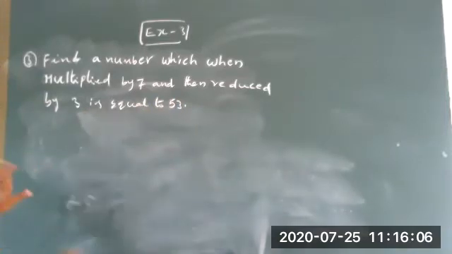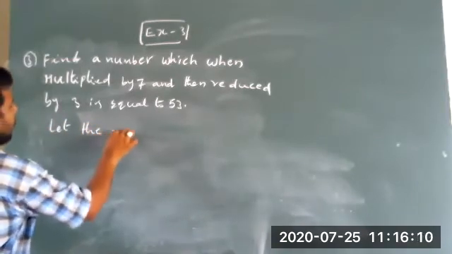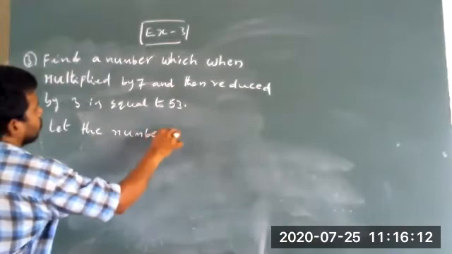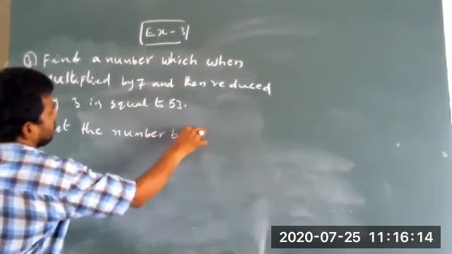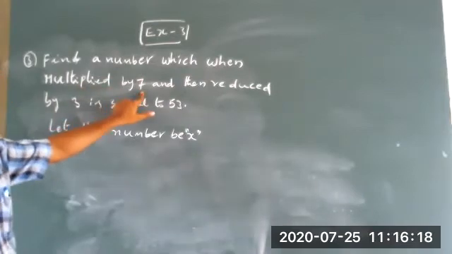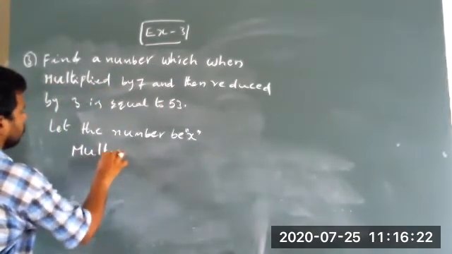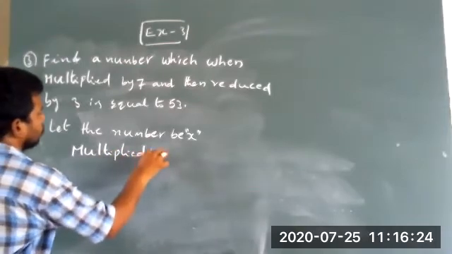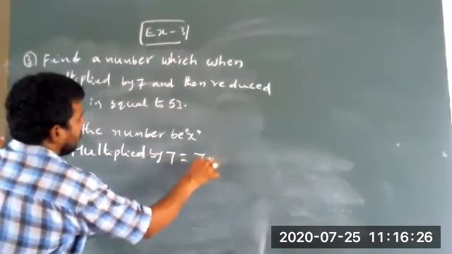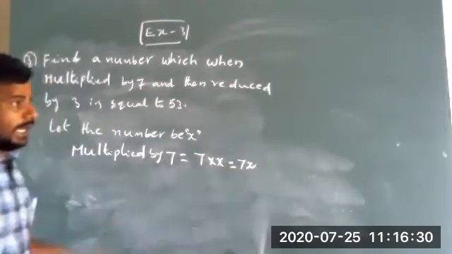So let the required number be x. So when multiplied by how much? 7. That means 7 into x. Multiply means do multiplication. So 7 into x.